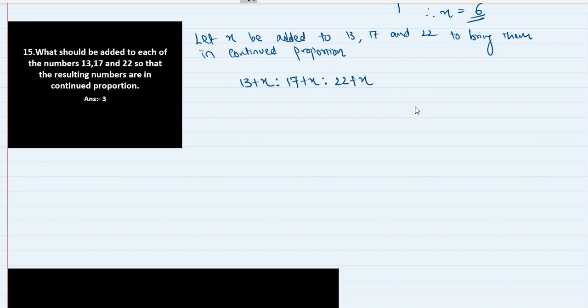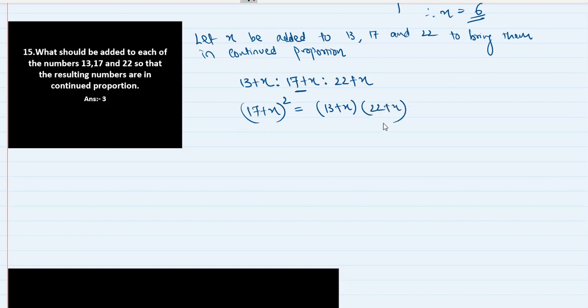Okay, so you might be aware of the relation of the terms when they are in continued proportion. Product of the means is equal to product of extremes. Now in the mean or in between there is just one term, so we'll take the square of that term is equal to 13 plus x bracket 22 plus x.